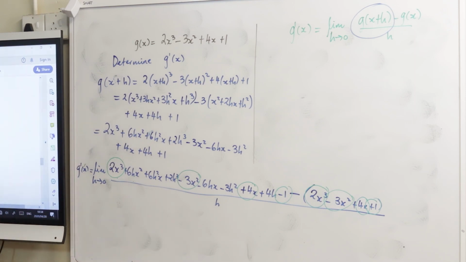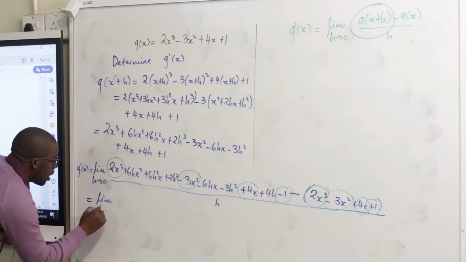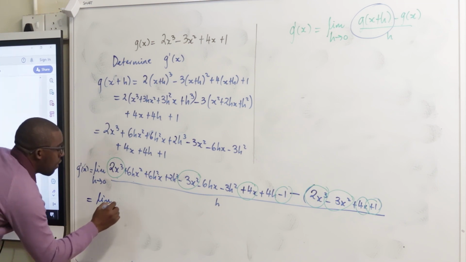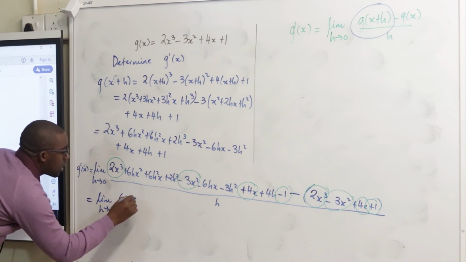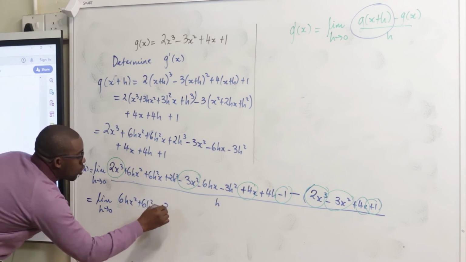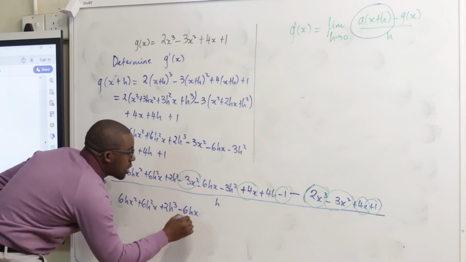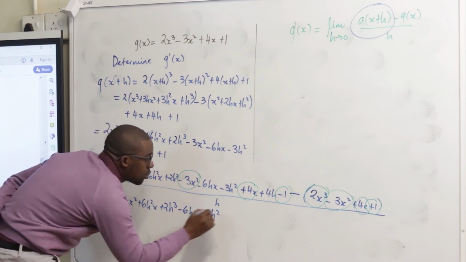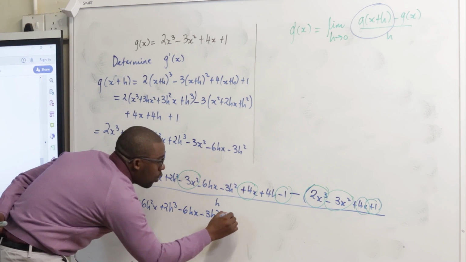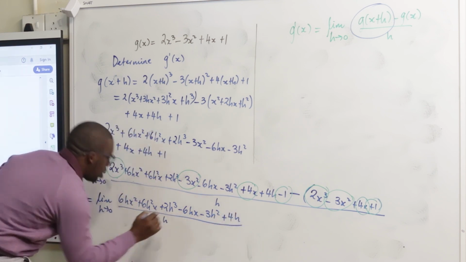And when you cancel those terms, we have the limit as h goes to 0 of 6hx squared plus 6h squared x plus 2h cubed minus 6hx minus 3h squared plus 4h, all over h.